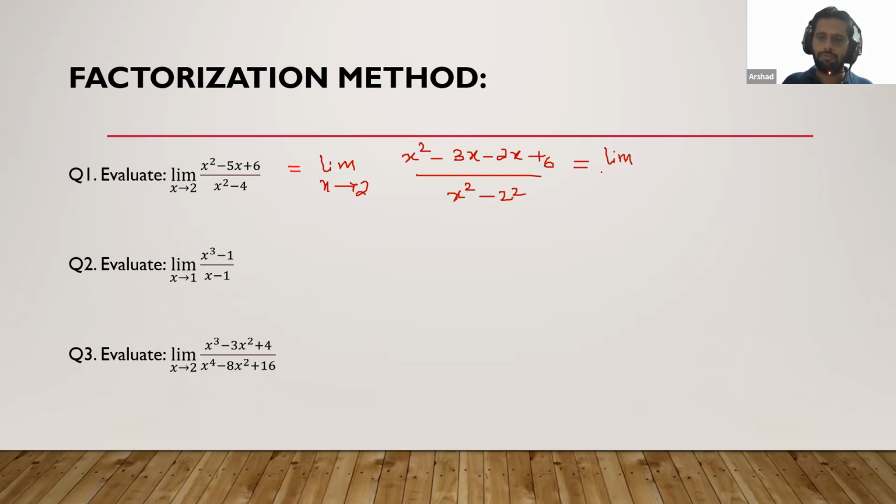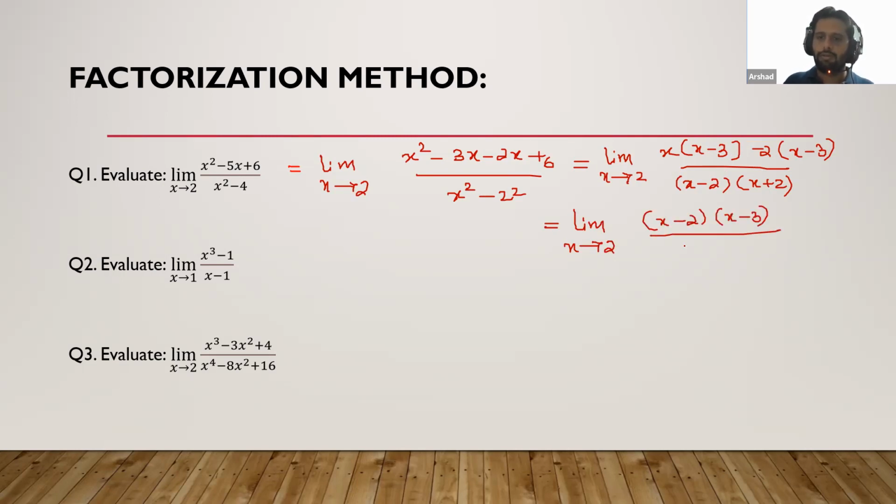Take out common: x minus 3 minus 2 (x minus 3), by x minus 2 into x plus 2. This is equal to limit x tends to 2, x minus 2 into x minus 3, by x minus 2 into x plus 2. This will get cancelled out. So put the limit and you will get 2 minus 3 by 2 plus 2. This we also discussed yesterday. Okay, Atif, these two are clear?